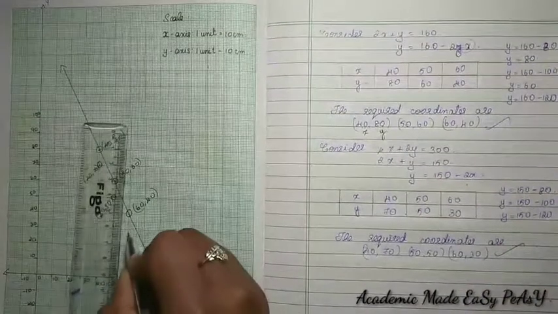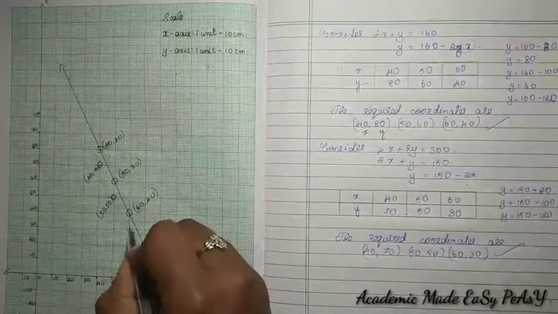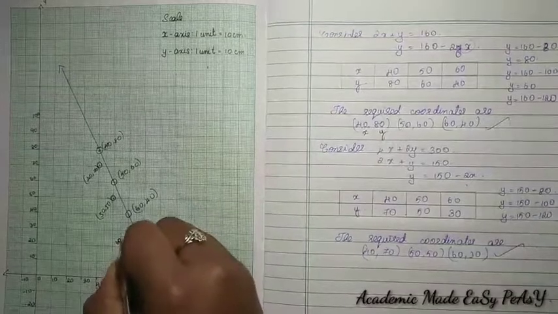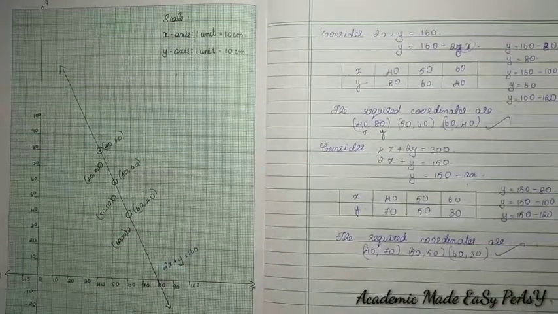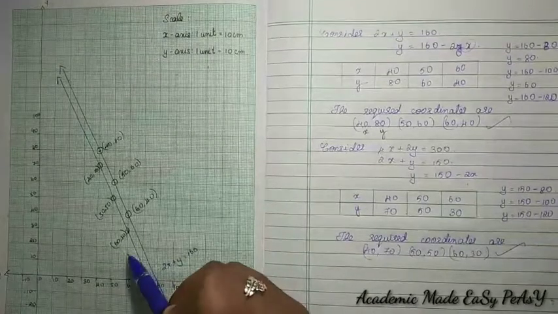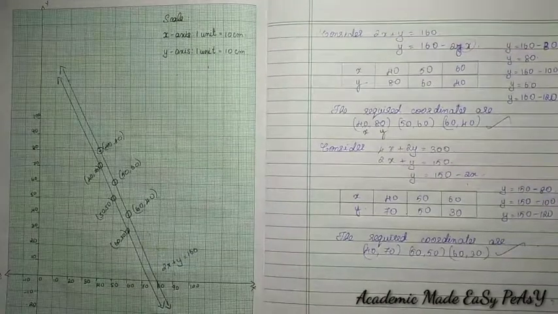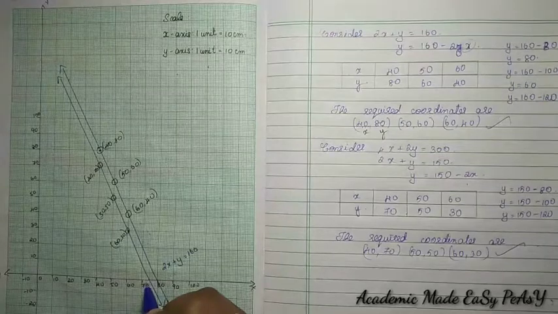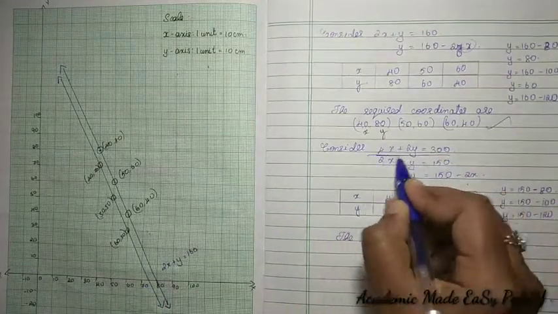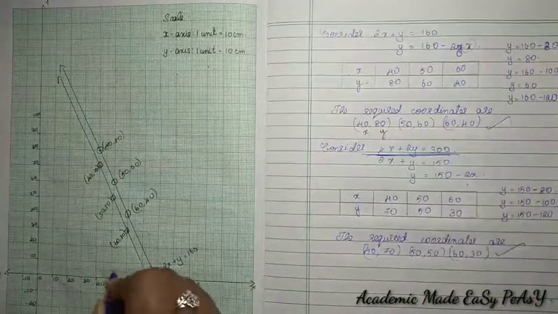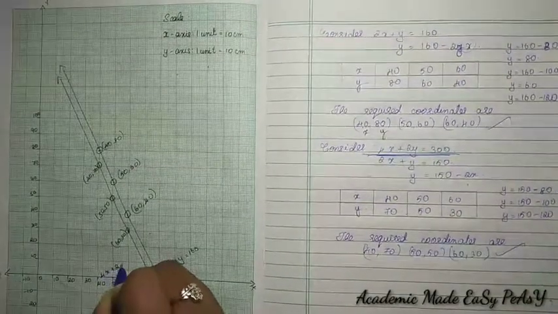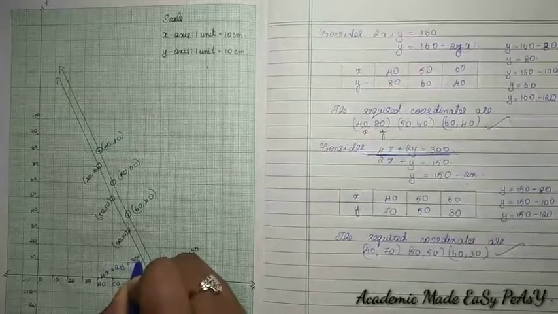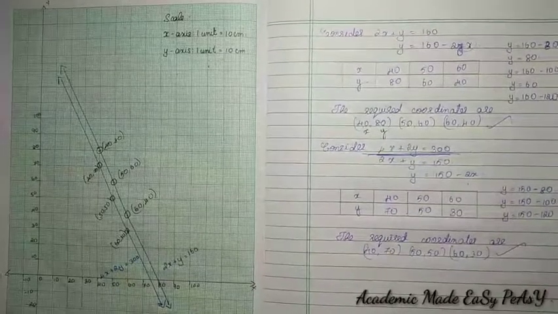So 60 and 30 is over here. Now I will be joining these points. These two will be parallel lines. Now I have to write the equation. What is the equation over here? I have to write the original equation. What is that equation? 4x plus 2y is equal to 300. This is the equation.